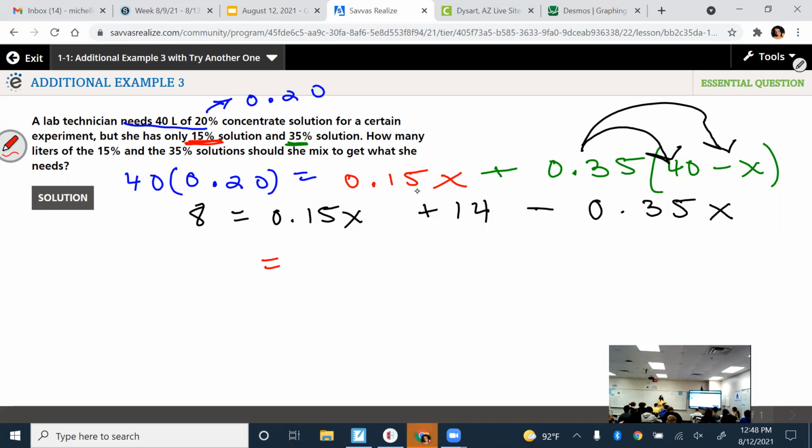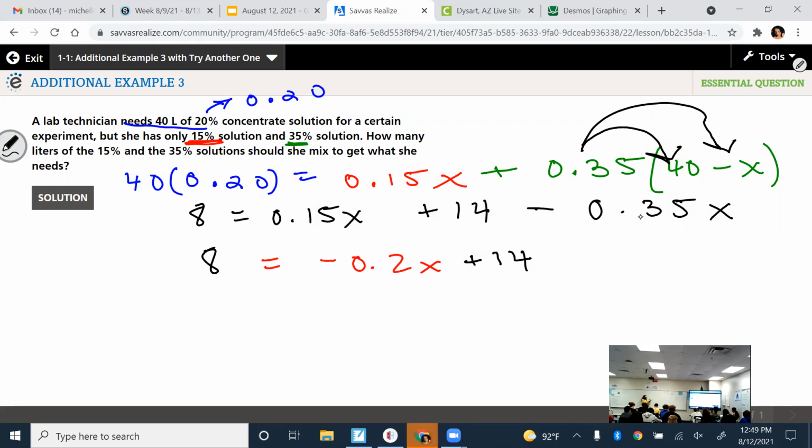And combine, so 0.15x minus 0.35x is negative 0.2x. All right, so we combine these two with the x terms, and then bring down everything else. Good, questions?